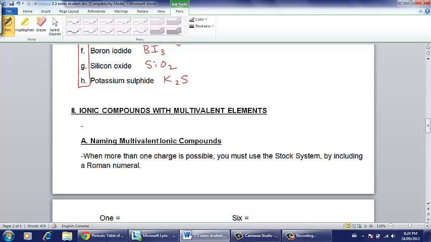Sometimes elements on the periodic table, sometimes the metals, have more than one possible combining capacity. And when they do, they are said to be multivalent. These are metal elements that have more than one ion charge.